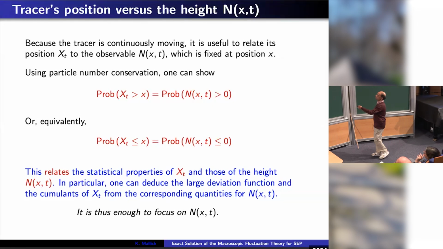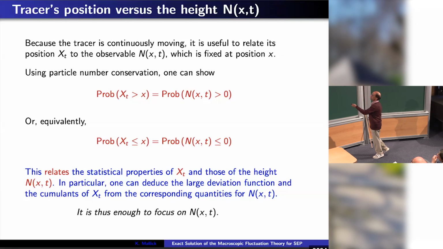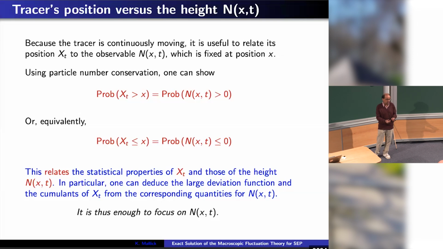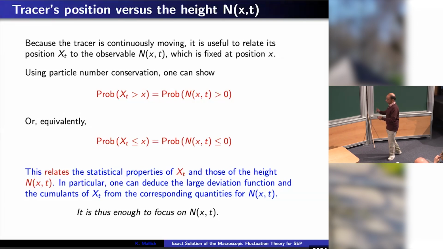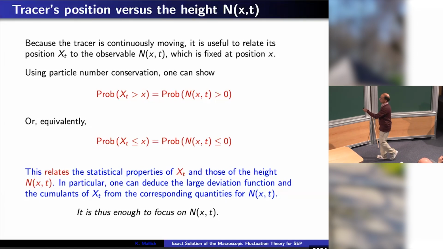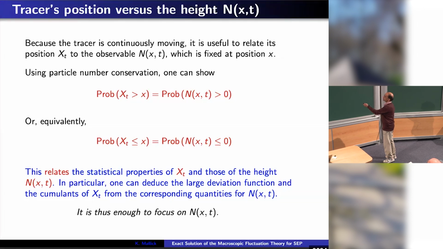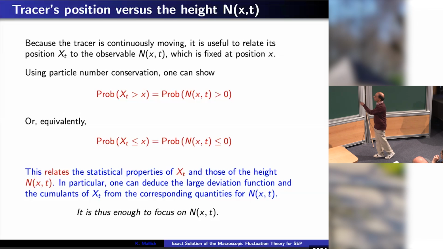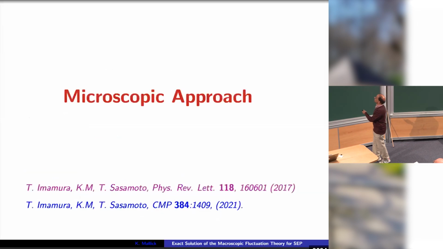And we are in fact now trading the knowledge of X(t) for the knowledge of the height over a given site, and that's much easier because it's a fixed variable. But of course, there is no free lunch. Now we have to deal with a whole set of n(x,t)'s for all values of the position x. But it's enough to focus on these guys.